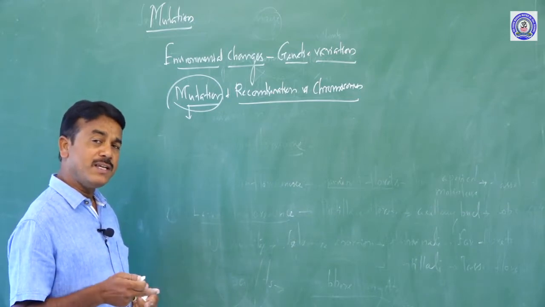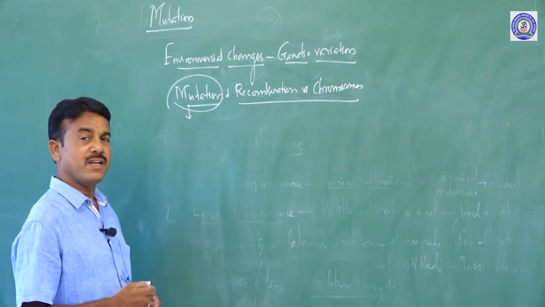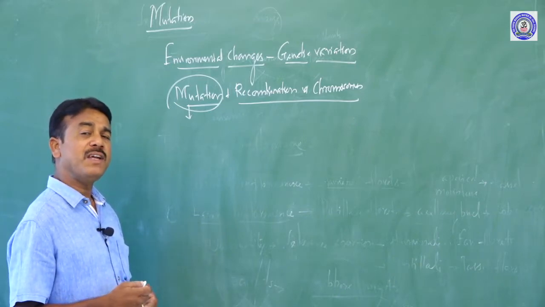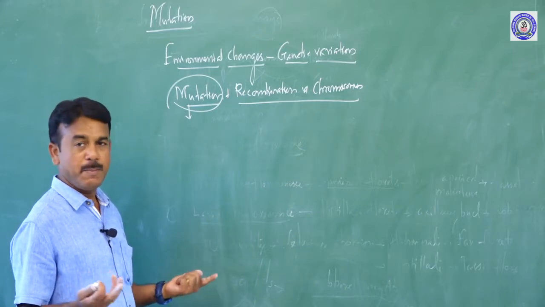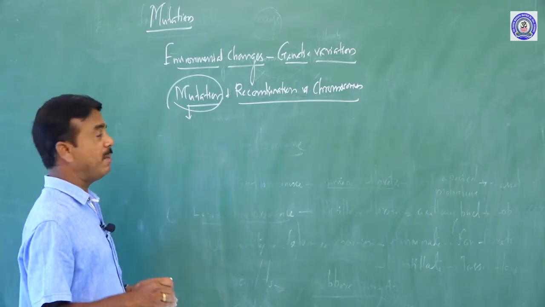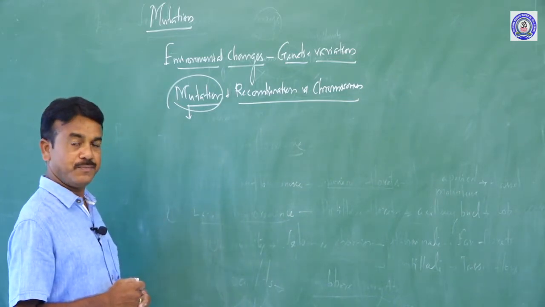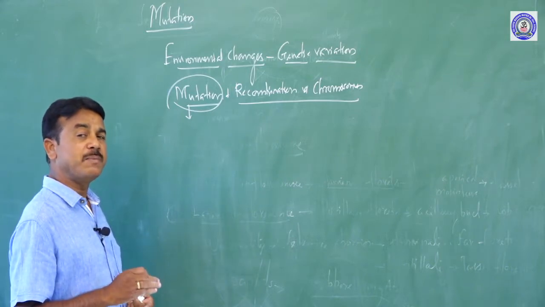With the help of change, many kinds of modification happen. With the help of modification, a defect happens, or it may be beneficial. Who is responsible for what is commonly called a mutation? So, mutation is nothing but sudden changes in the genetic material of DNA.